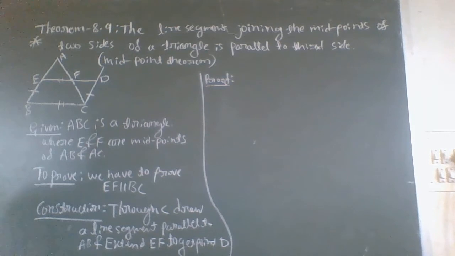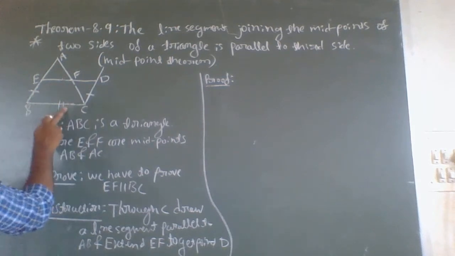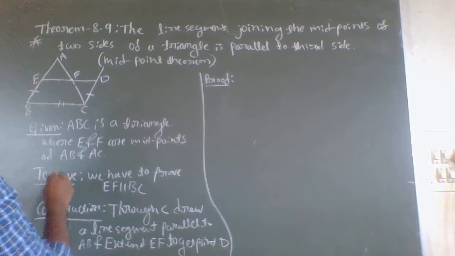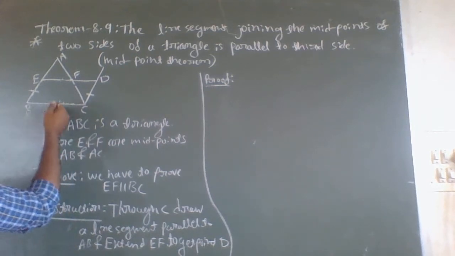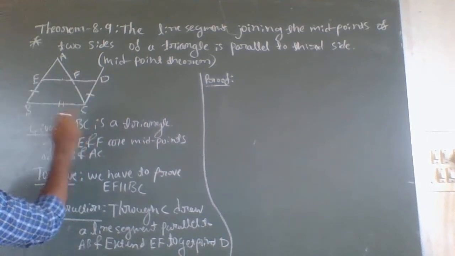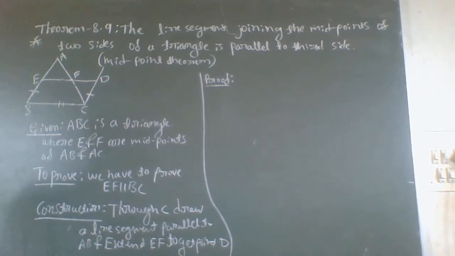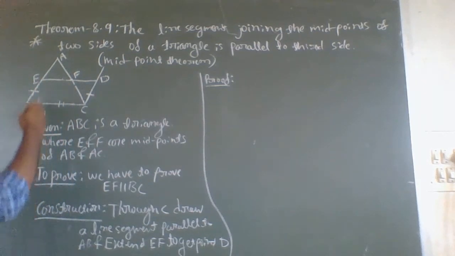If we prove BEDC is a parallelogram, then we can say opposite sides are parallel to each other. Then we can prove BC is parallel to EF or AD.